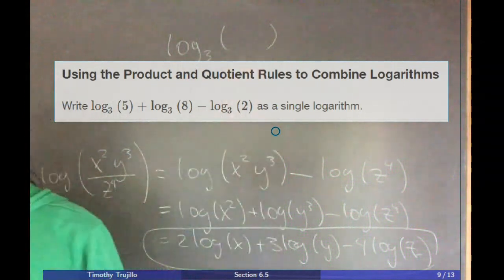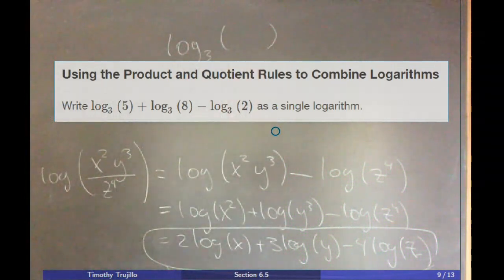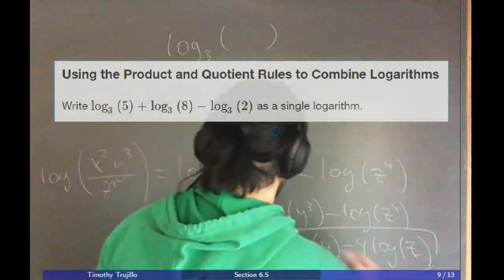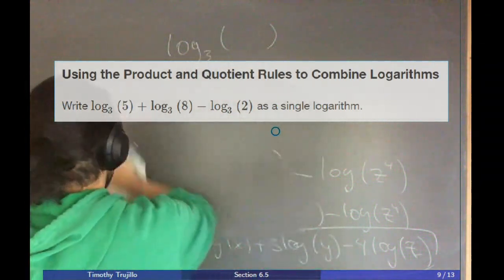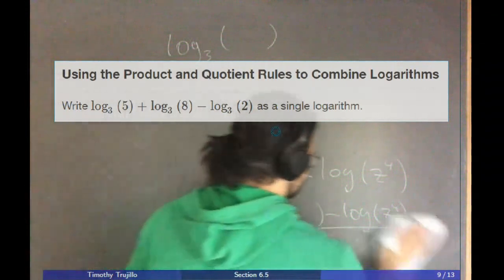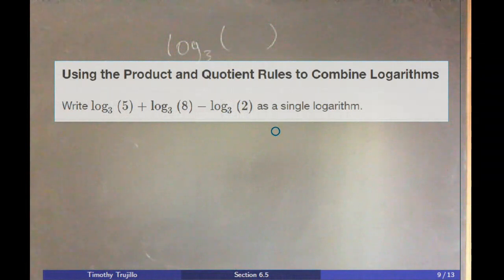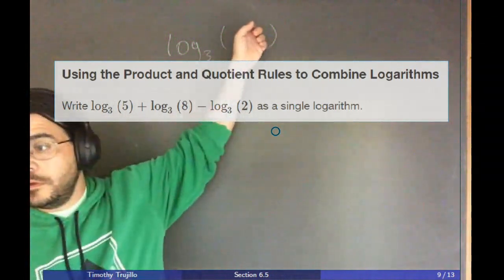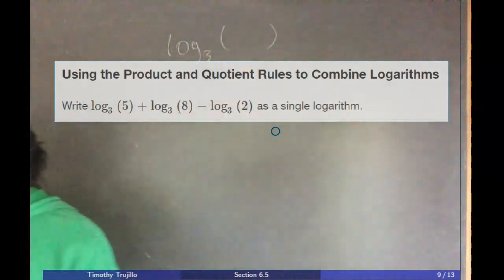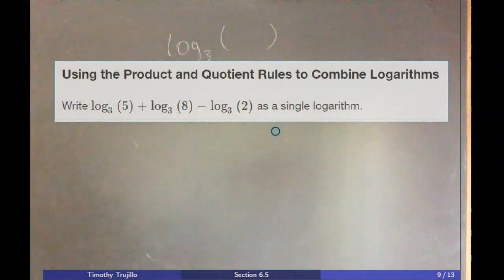So when you get a chance, tell me what you get inside of those parentheses, and then we'll talk about the details from there. So we want to combine them together and write them as a single logarithm. And again, the question here is, what's going to go inside of the parentheses when we write it as a single logarithm?